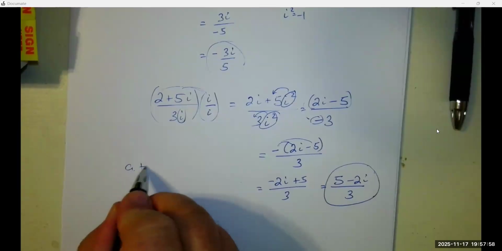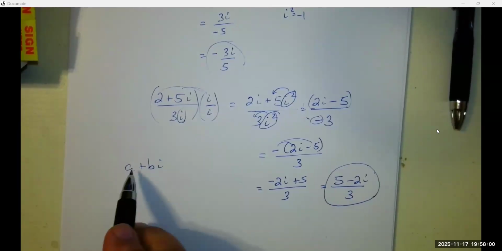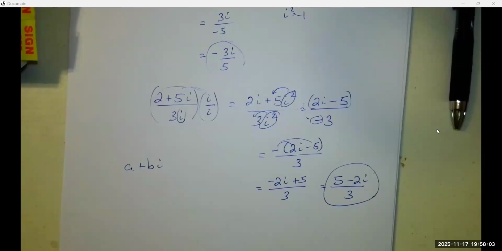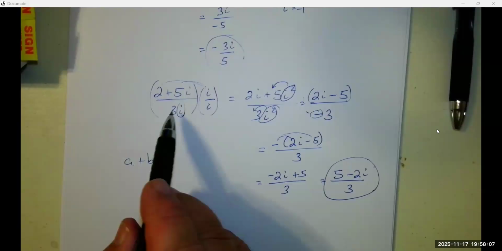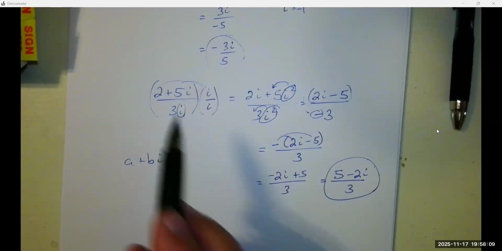Remember, complex numbers have to be written in this order: integer first and then the complex number. So that's if we have a single term on the bottom.